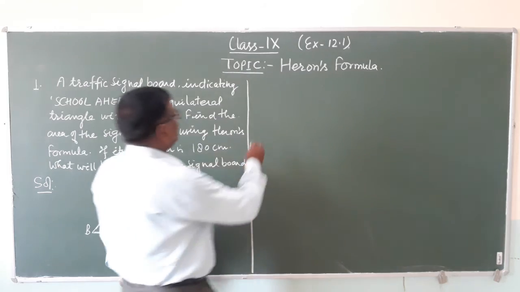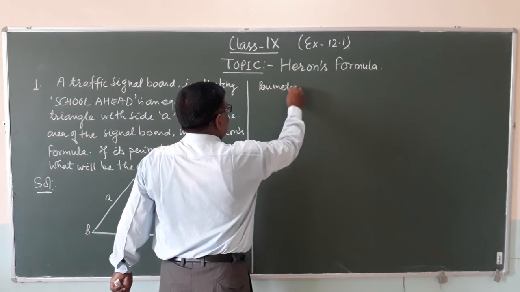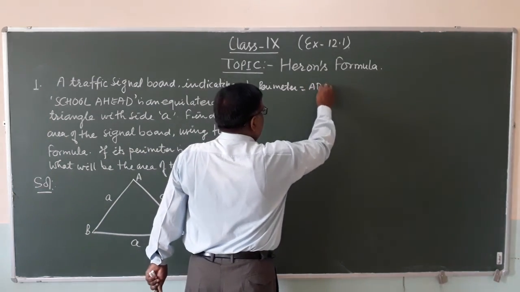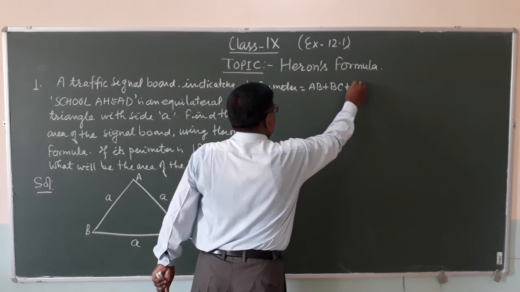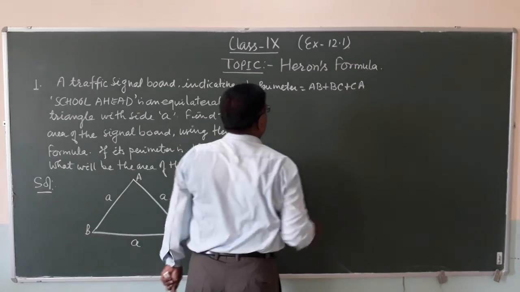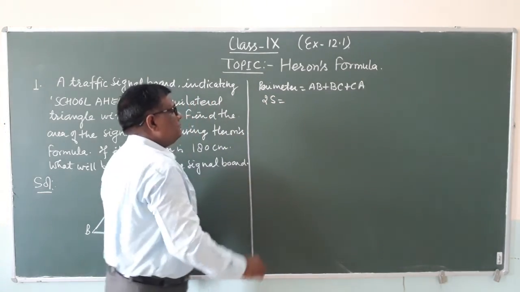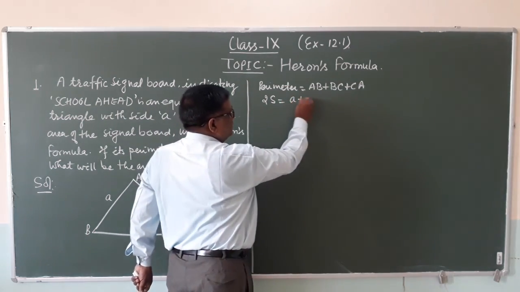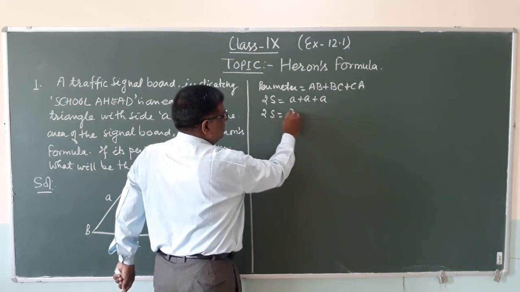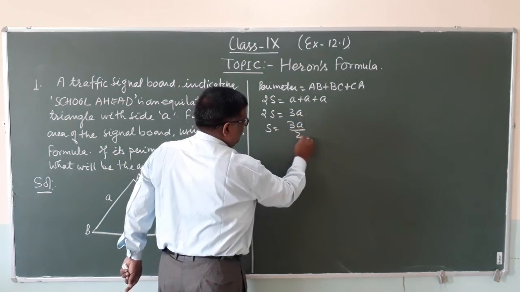So the perimeter is equal to AB plus BC plus CA. This perimeter is denoted by 2S, and AB is A, BC is also A, and CA is also A. So 2S is equal to 3A, and S is equal to 3A upon 2.